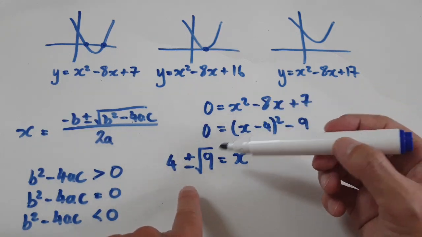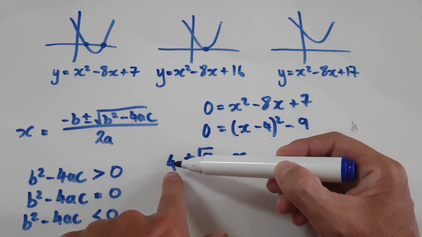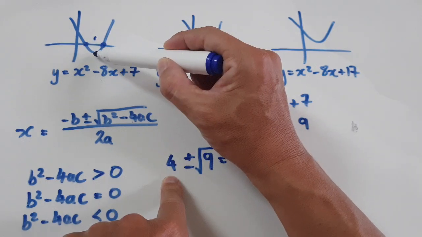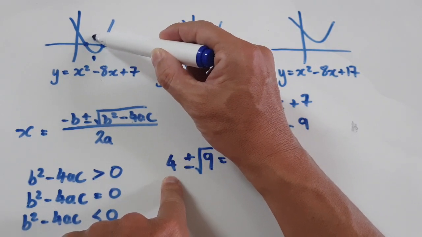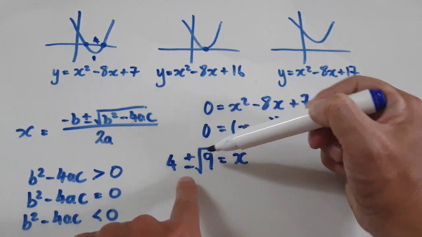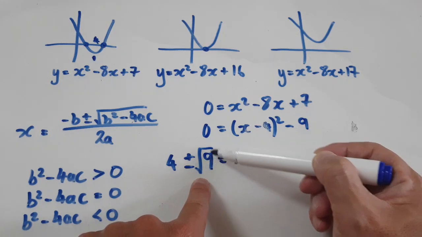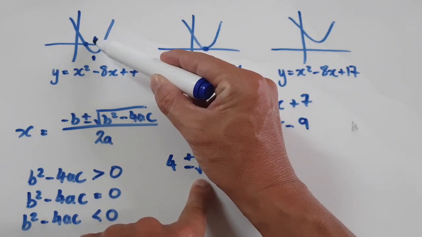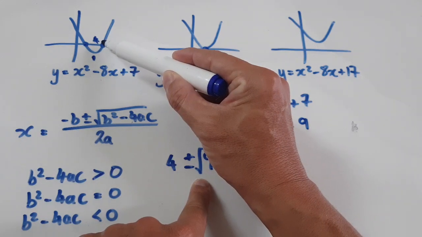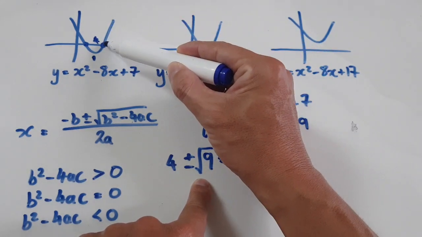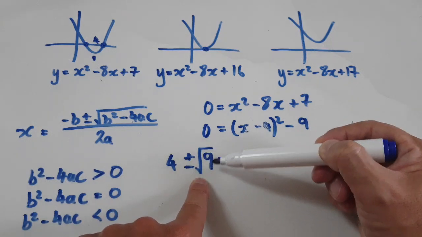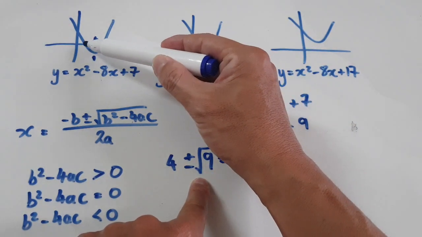Now what's going on here is that you start at positive 4. So right here is 4, and then you add 3. Because square root of 9 is 3, if you stand at 4 and then move to the right by 3, it would take you to one root, and then if you take away 3, it would take you to the other root.